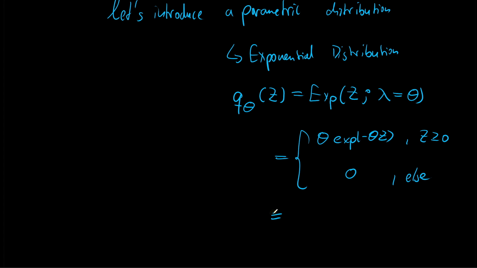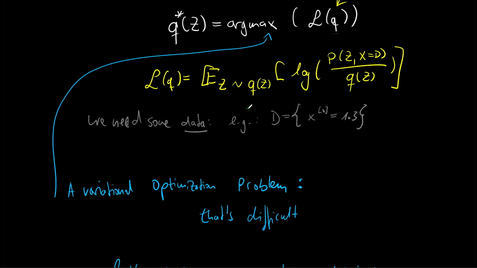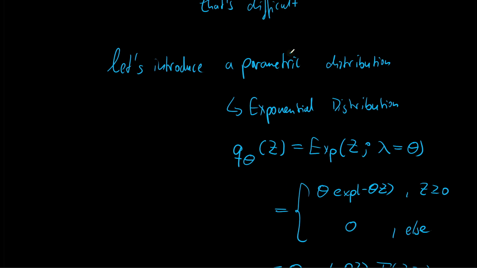And we can again use the indicator function. So we will get theta times exponential of minus theta z times the indicator function of z being greater or equal to 0.